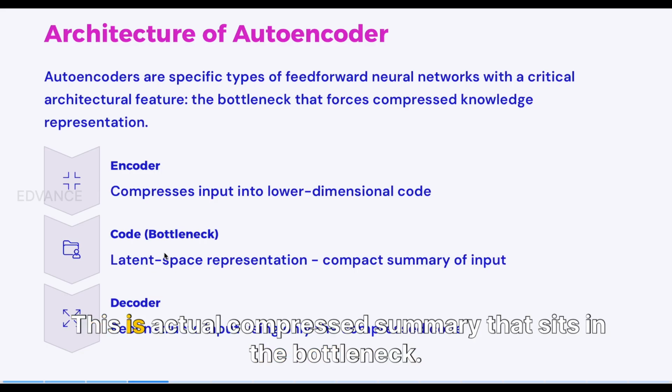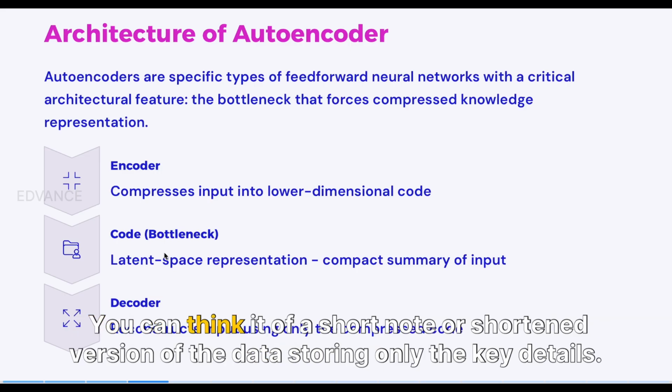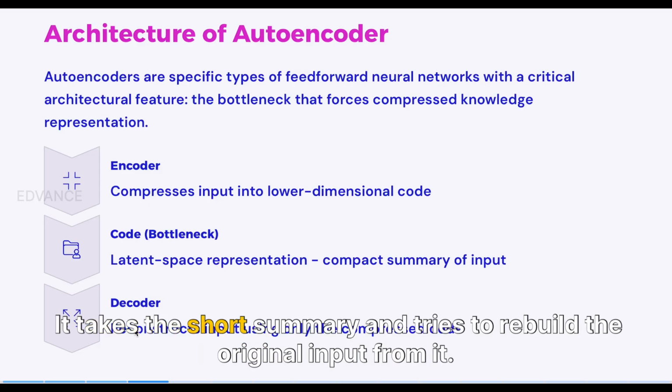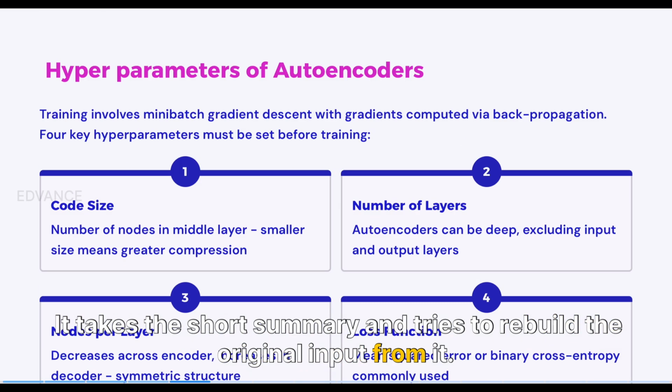This is the actual compressed summary that sits in the bottleneck. You can think of it as a short note or a shortened version of the data, storing only the key details. Next is the decoder. This is like the decompressor. It takes the short summary and tries to rebuild the original input from it.